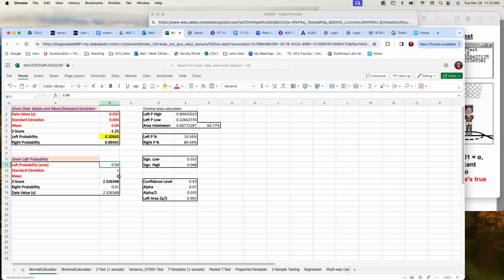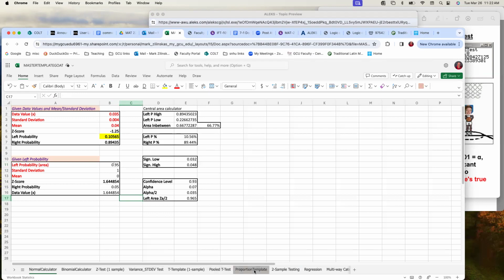So if I put in 0.05 here, and as long as I use a standard deviation of 1 and a mean of 0 for the standard normal, the Z distribution, here's that left one. And if I want 95% to the left, 0.95, here's your 1.645. Sorry, yeah, that's in there.